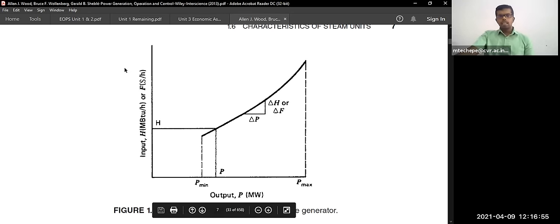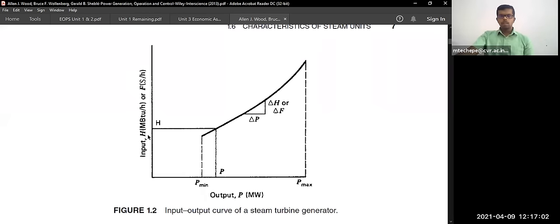Generally, in the US and foreign markets we go for dollars, and in the Indian market that is rupees per hour. You can also write it as rupees per hour; that is not at all a problem. This is British thermal unit, so million British thermal unit, or dollar per hour.